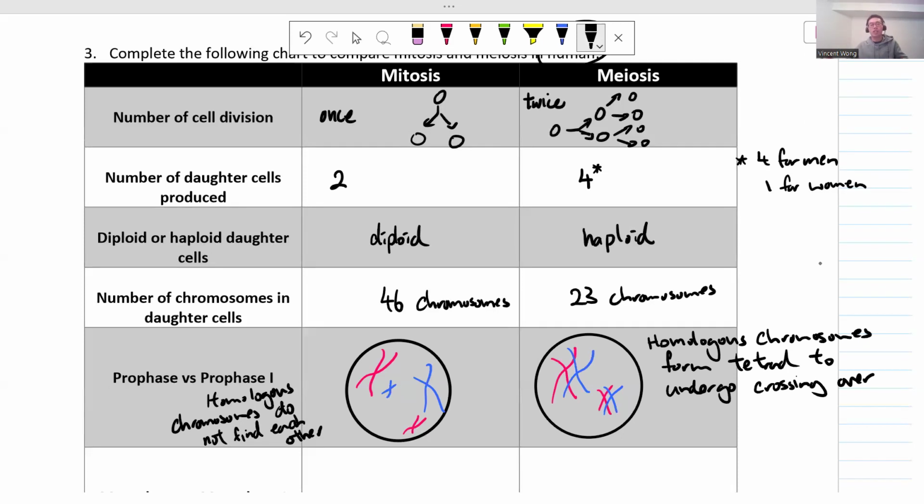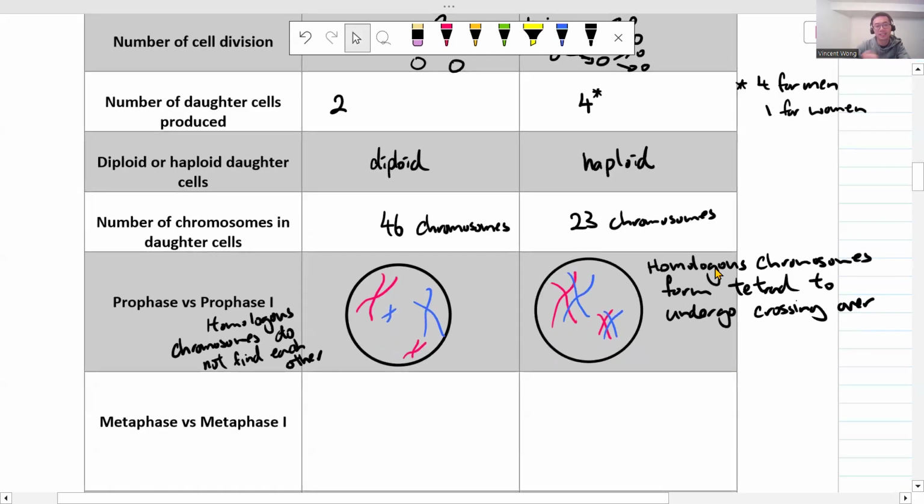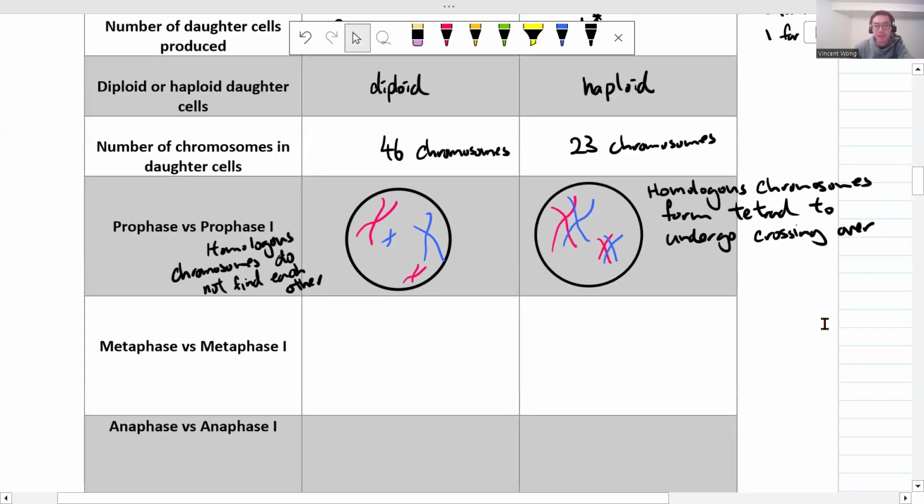It creates genetic variation. I keep on saying this, but it's true, so that our kids don't look identical to us. It's a blessing for them and for us, right? So that is the difference between prophase and prophase 1. It looks much better when you put them side by side.